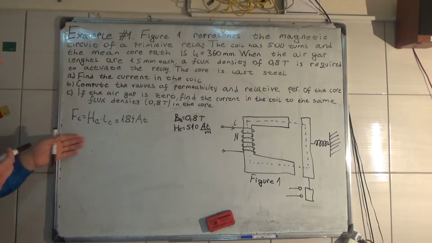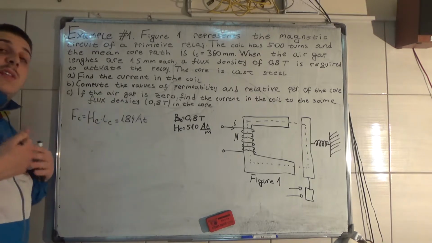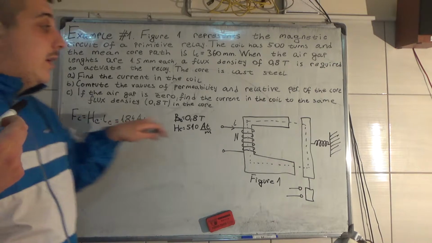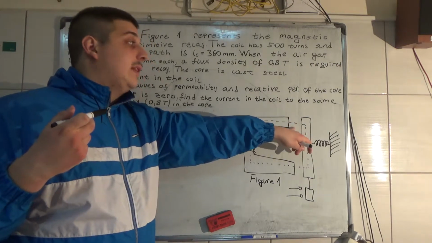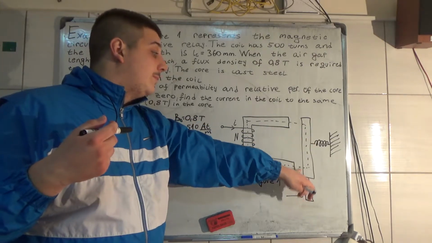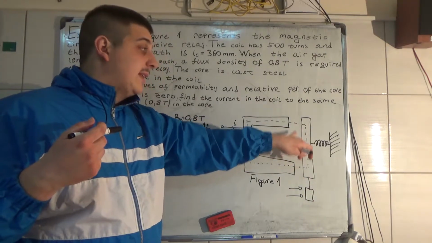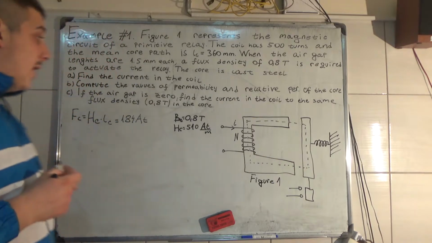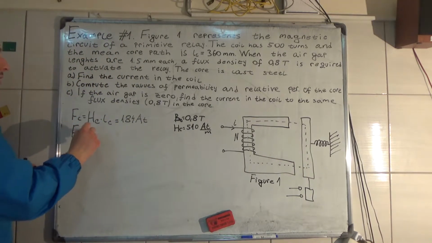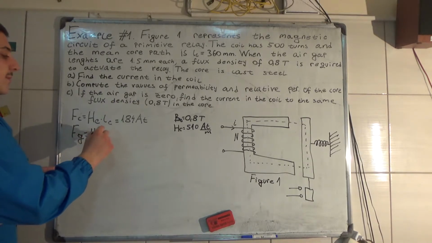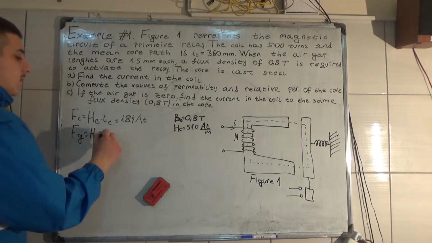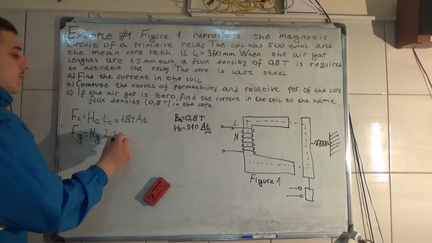Okay, now we calculated the MMF for the core, but we have to calculate the MMF needed to magnetize the air gap. Well, the formula for that is Fg equal to Hg times 2 times l.